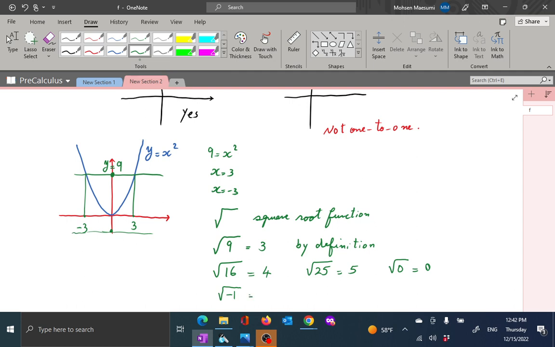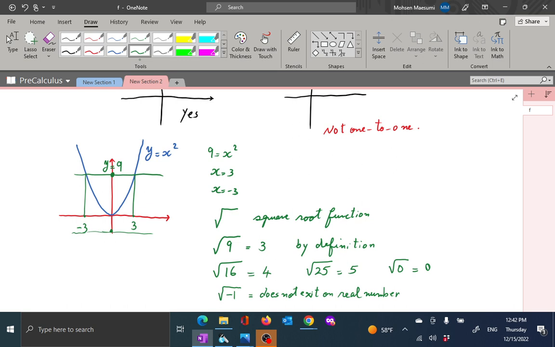So simply we say this does not exist. Well, that's a little bit of a strong statement. It does not exist in the real numbers. You are going to come across this issue later on. It's a different kind of number, a so-called complex number or imaginary number.